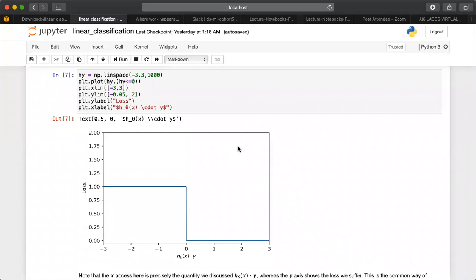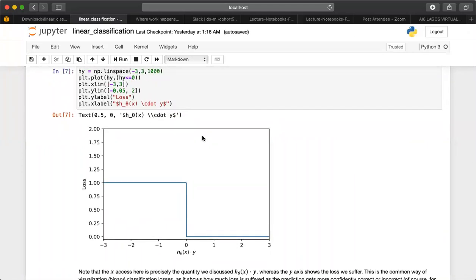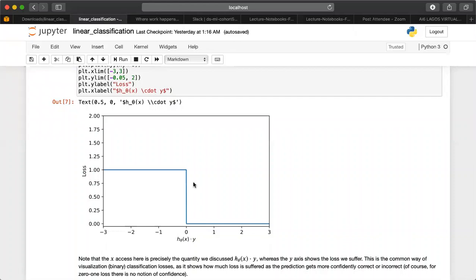Remember the linear regression function, a straight line? There is a gradient there. But if you look at this loss, there's no gradient. The gradient is 0. You cannot learn with this loss. So it becomes an extremely big challenge.